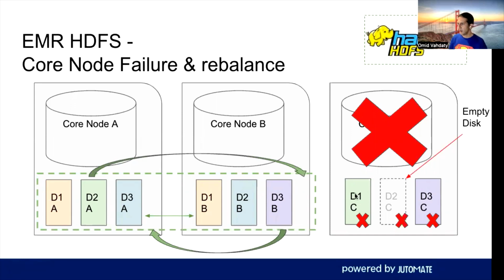Meaning if the green part here is the copy of the green part here, the green part will now be replicated to node B to make sure the data is fault tolerant. Same goes for the purple, which was lost. The purple from here will be replicated to node B. This is essentially a rebalancing in a core node failure scenario.